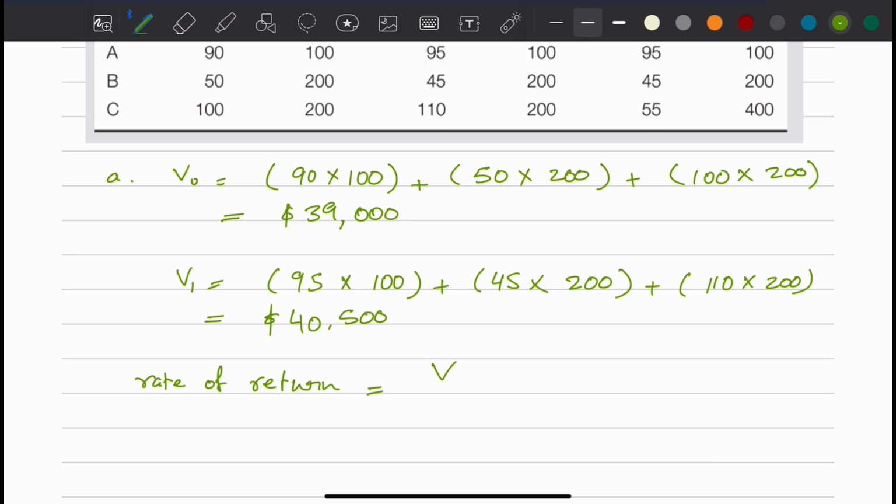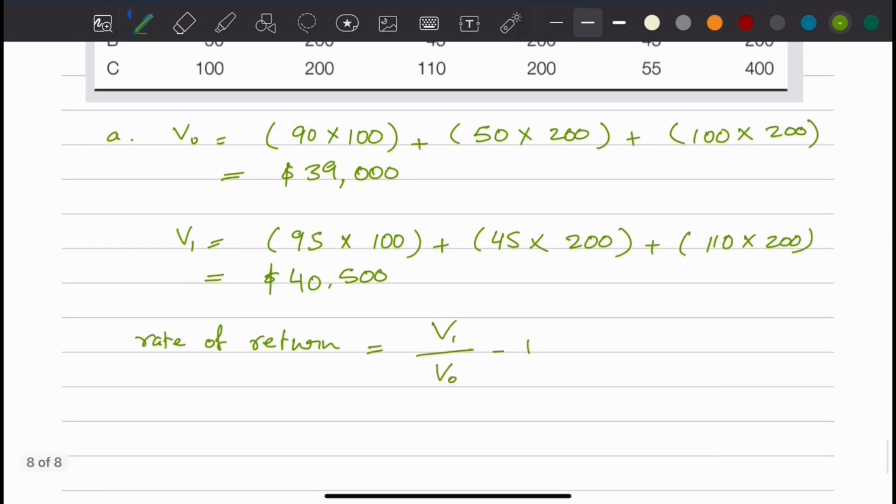Now we can calculate the rate of return. It is going to equal V1 over V0 minus 1, which is equal to 40,500 divided by 39,000 minus 1.